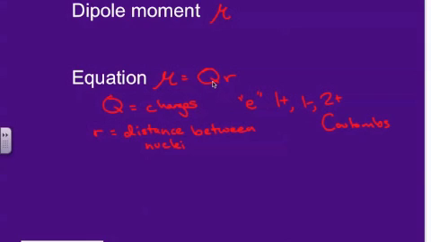So if we were to use this equation, then the greater the charge, or the greater the bond length, the bigger mu should be. So if Q goes up or R goes up, mu should also go up.